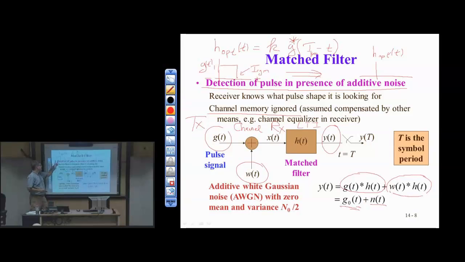So I flip it, delay it by Tsym, except the amplitude is some constant k. And k could be 1. If k is 0, what happens? Nothing gets through. Not a very interesting filter. All right, there it is. All right, we'll see you on Friday.